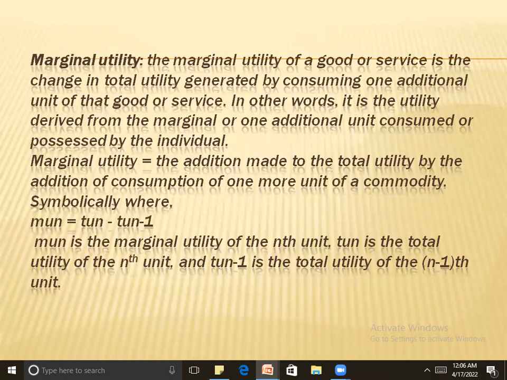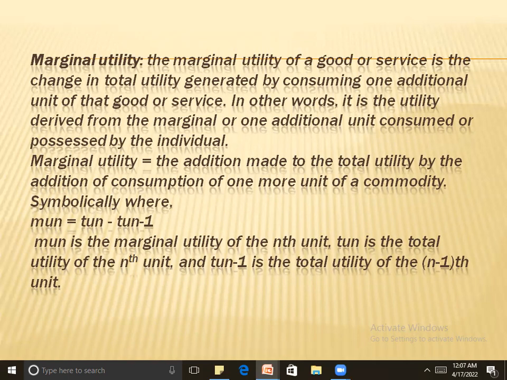So, what is marginal utility? Marginal utility of a good or a service is the change in total utility generated by consuming one additional unit of that good or service. In other words, it is the utility derived from the marginal or one additional unit consumed or possessed by the individual.